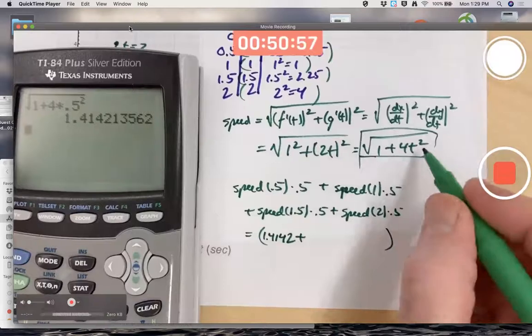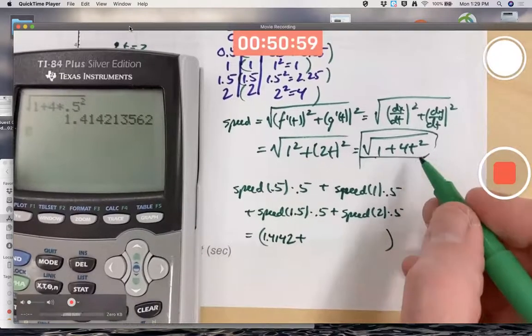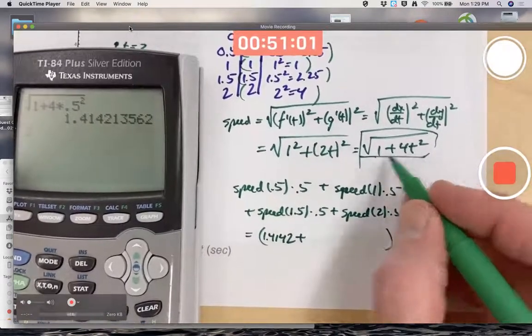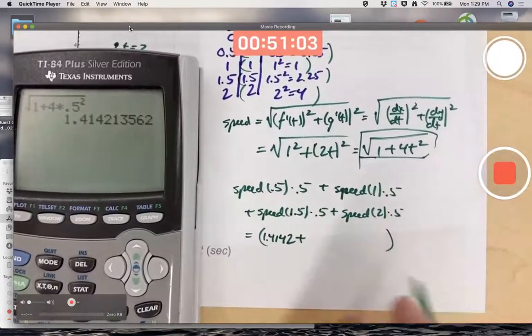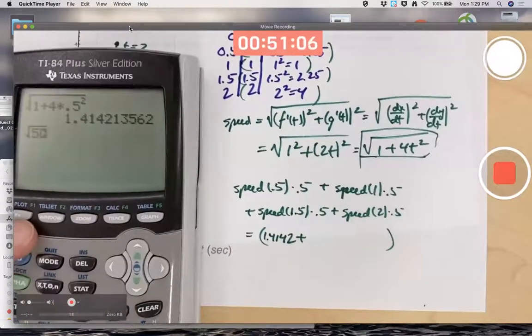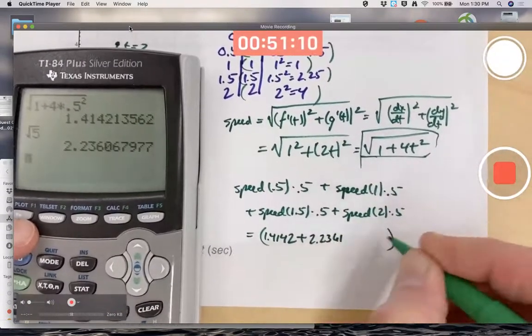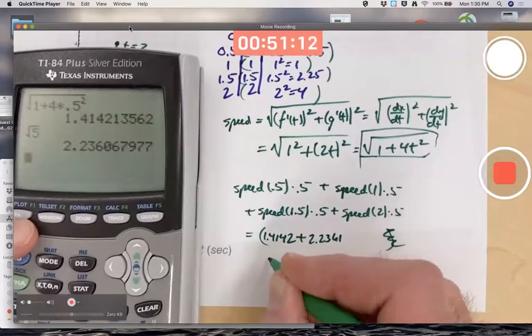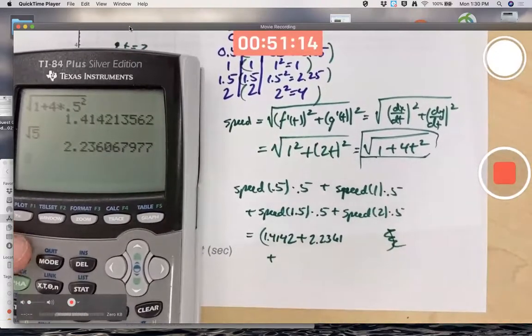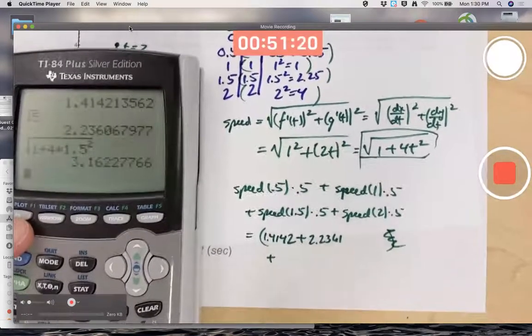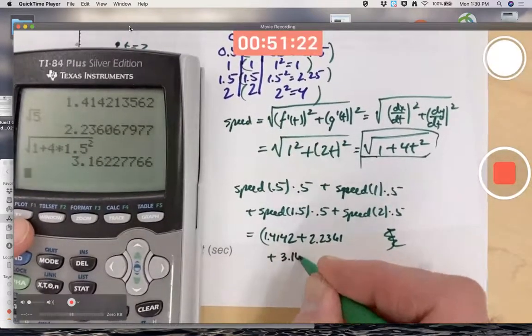Speed of 1, plug in 1 here, you're going to get square root of 5, right? 4 plus 1. Square root of 5, 2.2361. Speed of 1.5 will be square root of 1 plus 4 times 1.5 squared, 3.1623.